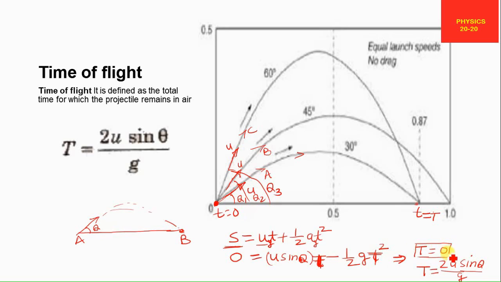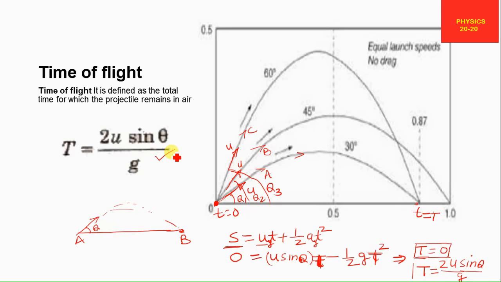Here t has two values, because this is a quadratic equation in t. The t equal to 0 represents the starting time from which the projectile is projected, and the other t is the final time when it lands on the ground. So the total time is equal to 2u sine theta by g.